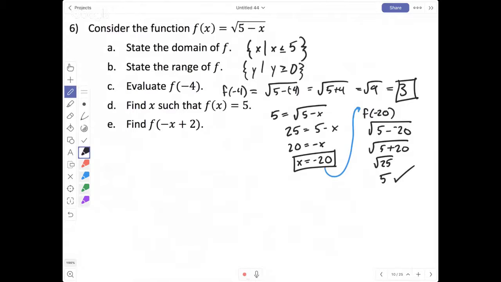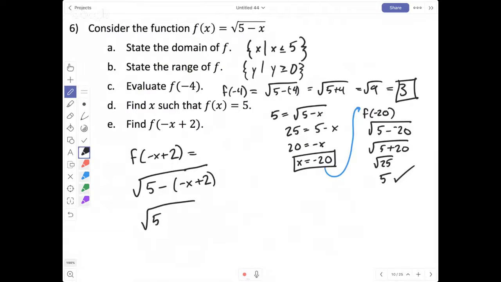And find f of negative x plus 2. Is equal to the square root of 5 minus, and instead of x, I'm going to put in negative x plus 2, which means I get 5 minus negative x is plus x, minus 2 is minus 2. 5 minus 2 is 3, so I've got the square root of x plus 3.